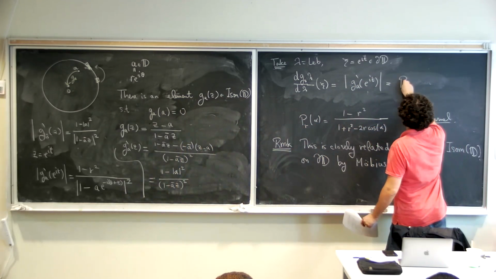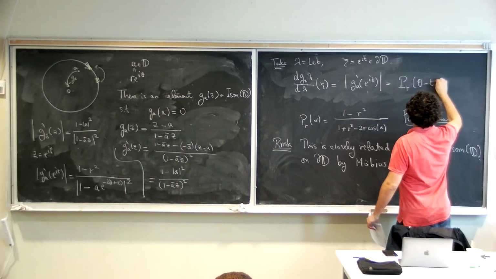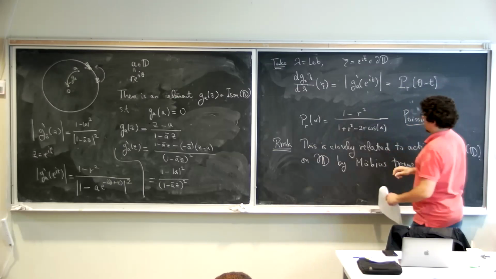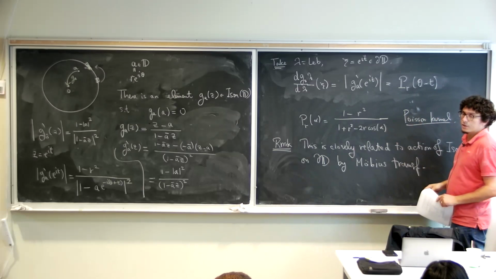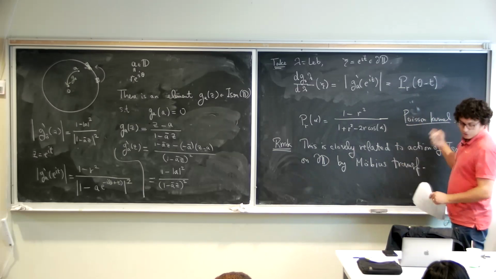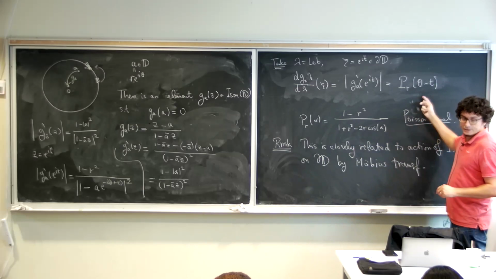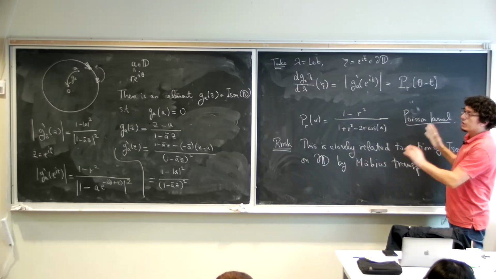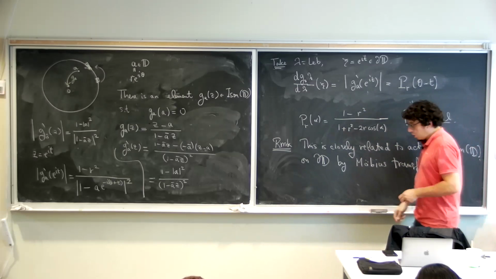It's P_r of t minus theta. So you see that this Poisson kernel, which seems very exotic, in fact has a very natural interpretation in terms of the action of this group on the boundary.